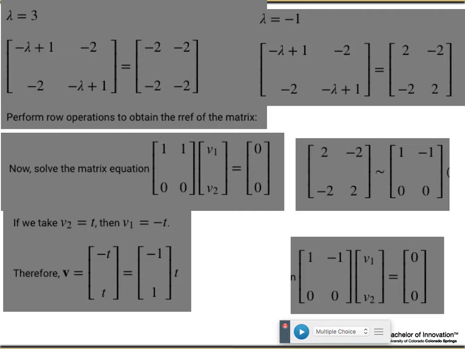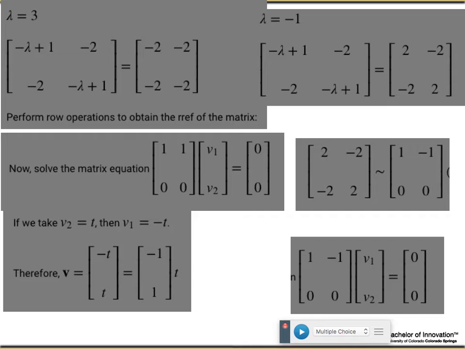The minus was on the other side, so I have 2x2 minus 2x1 minus 2x2 equals 0, and that gives me 2x1 equals 2x2, and so that gives me the values of 1 and 1 for my vector.